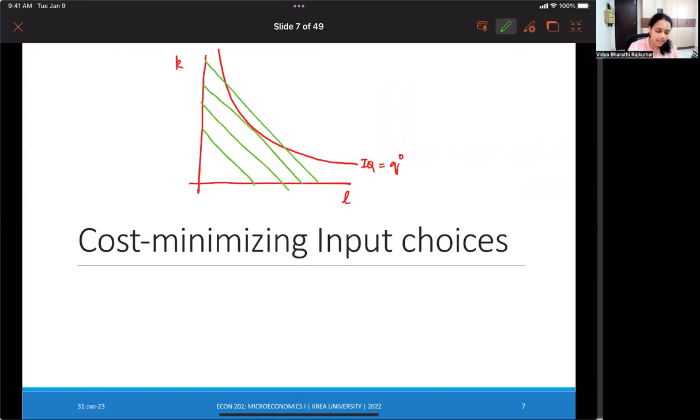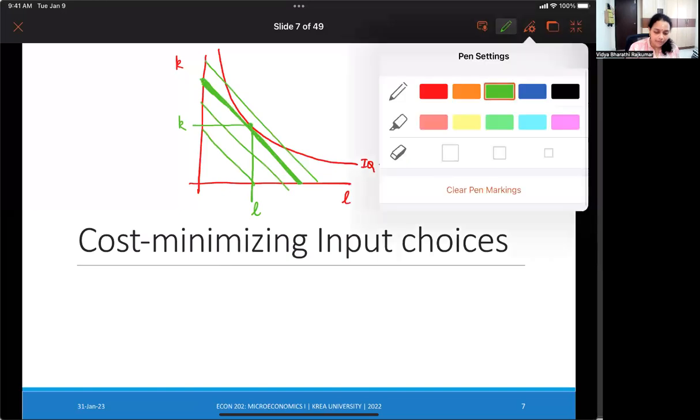Turns out, in this case, that solution is given by the line that I'm highlighting right now, this isocost line. And that point where you see the tangency between the isoquant and the isocost line determines how much labor and capital will be hired.